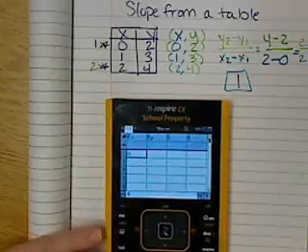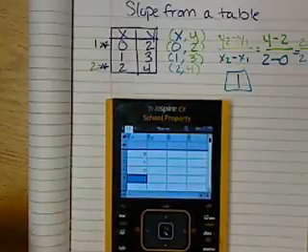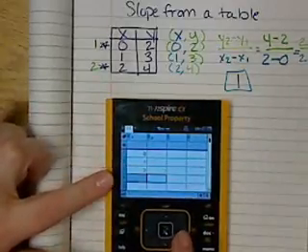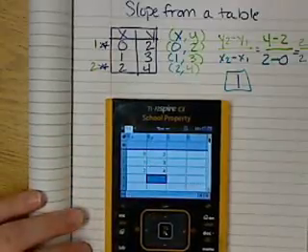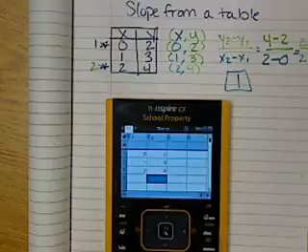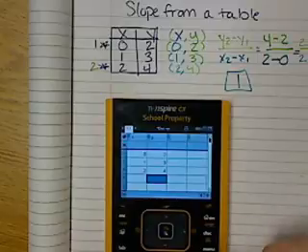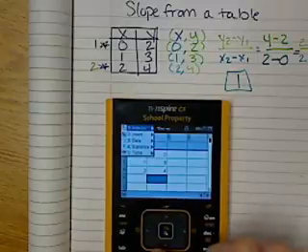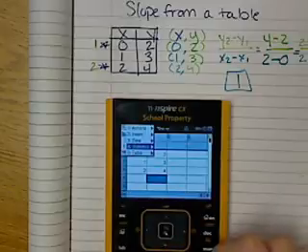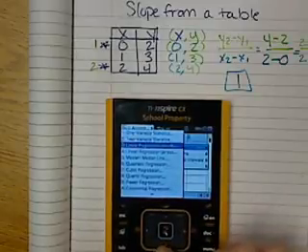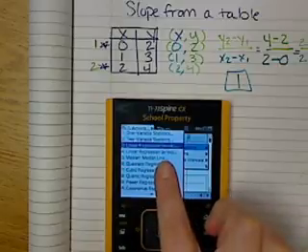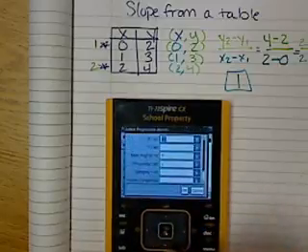So I've got 0, 1, and 2 for my X's. 2, 3, and 4 for my Y's. Remember, you have to press enter, otherwise the calculator is going to be confused because you didn't actually input the information. So at this point, I can press menu, go down to statistics, stat calculations, and linear regression mx plus b.